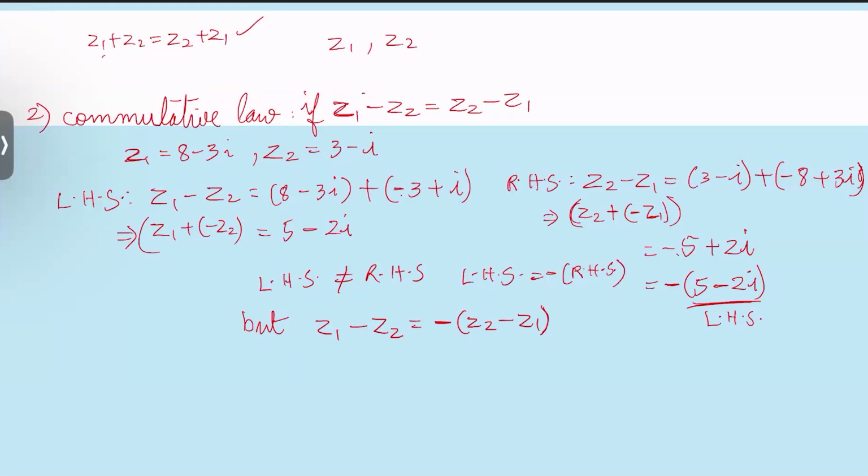We can say that Z1 minus Z2 is equal to the negative of the difference when we change the order of the complex numbers when applying the operator. This is how we can see that the commutative law is not followed directly when finding the difference of two complex numbers.